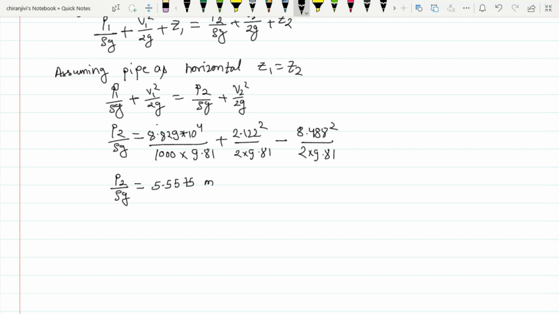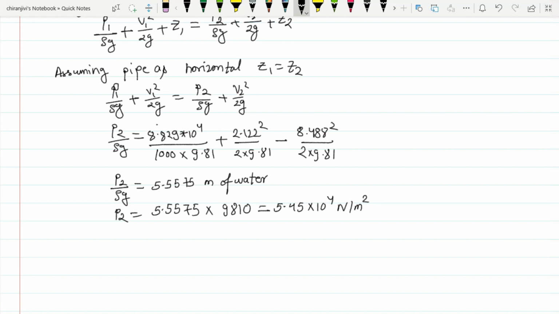This unit is meter. In terms of water, we can find here pressure intensity. P2 equal to 5.5575 into 9810. By multiplying this, we obtain here 5.45 into 10 to the power 4 Newton per meter square.